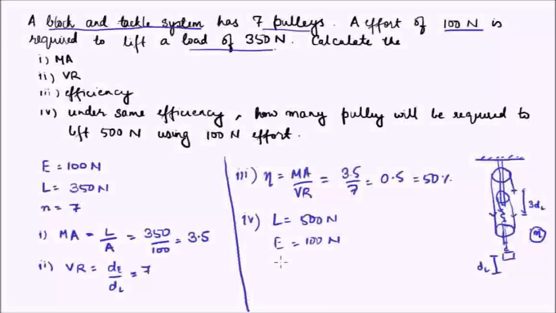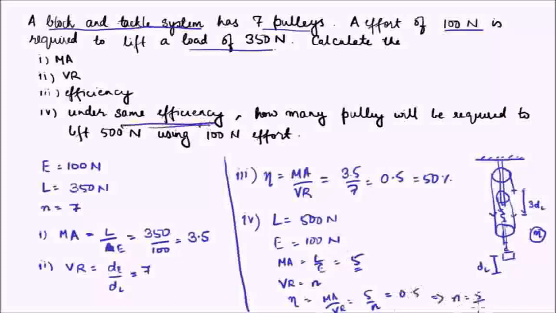Now finally the fourth part asks us, under the same efficiency condition, that is there is 50% efficiency, how many pulleys will be required to lift 500 newtons of load using 100 newton of effort. So again the load is changed to 500 newton, the effort remains 100 newton, and the mechanical advantage will be load upon effort.